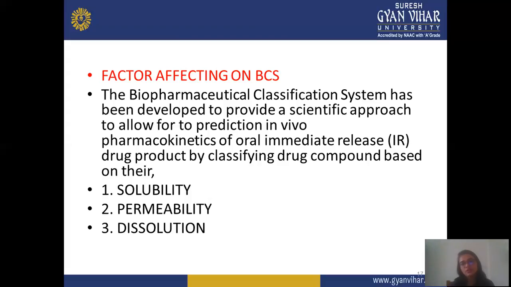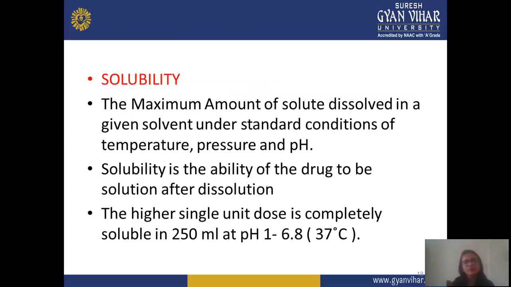The certain factors that affect BCS: first is solubility, the maximum amount of solute dissolved in a given solvent under standard conditions of temperature, pressure, and pH. Solubility is the ability of the drug to go into solution after dissolution. Means solubility mainly depends on how much drug is dissolved or solubilized in a particular solvent.